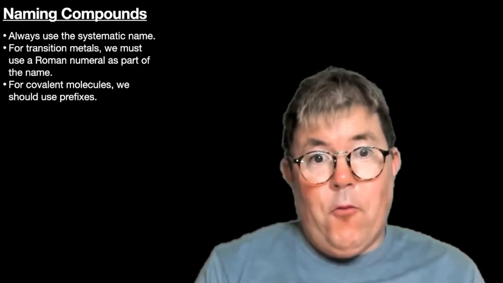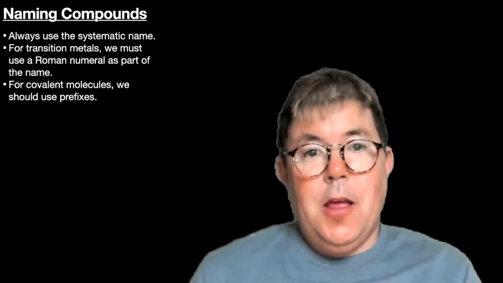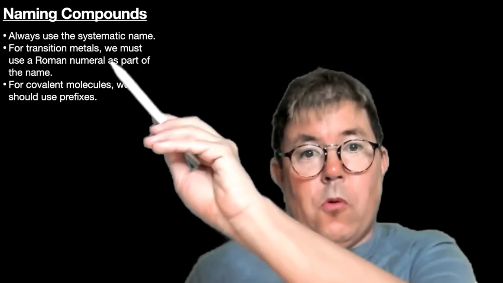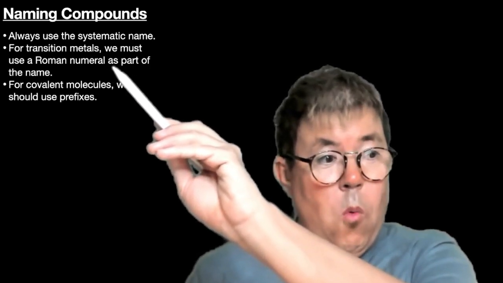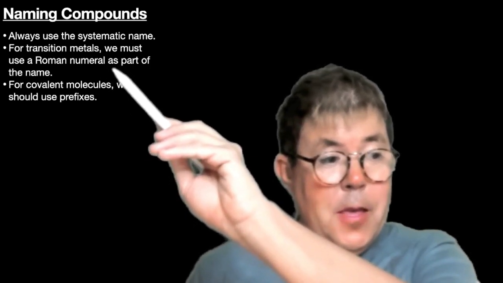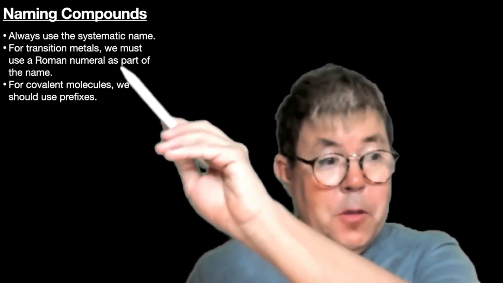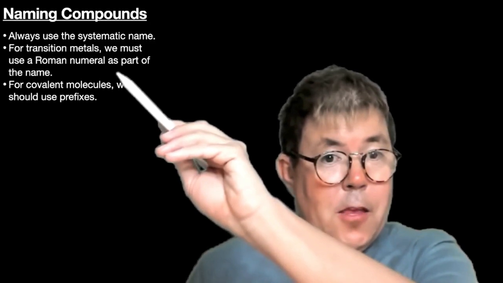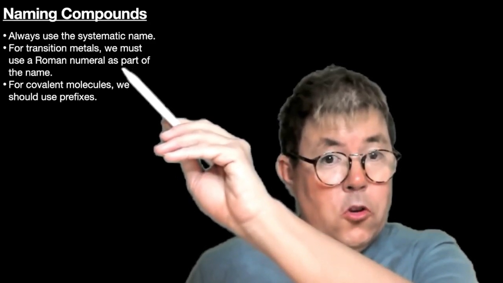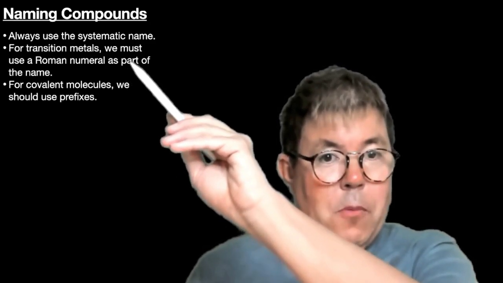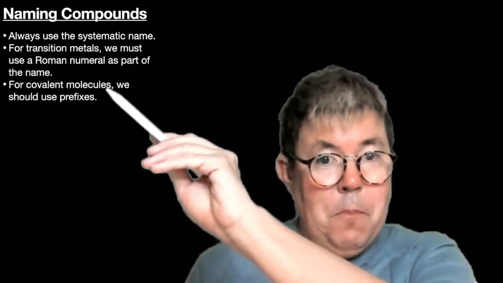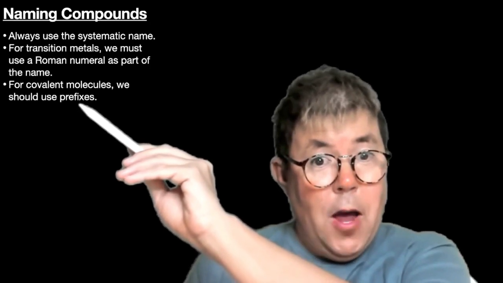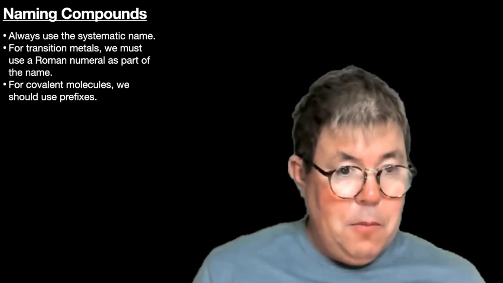Therefore, if we have a transition metal, we want to use Roman numerals. We do not want to use the Latin names to indicate the oxidation states. Rather, the oxidation states or charge should be indicated with Roman numerals. For covalent molecules, we want to use prefixes rather than the common name.